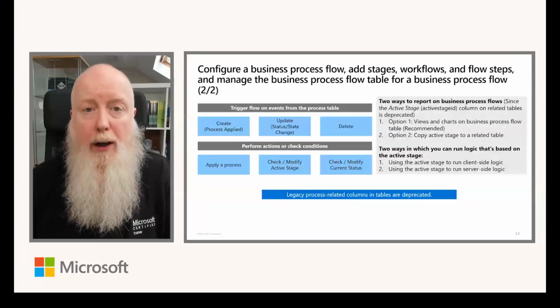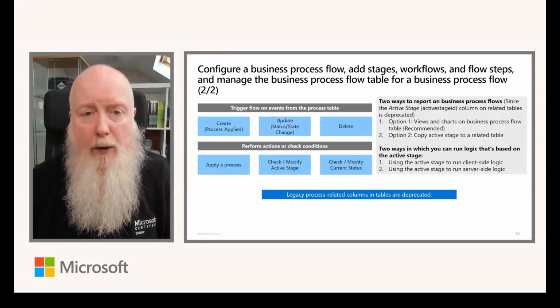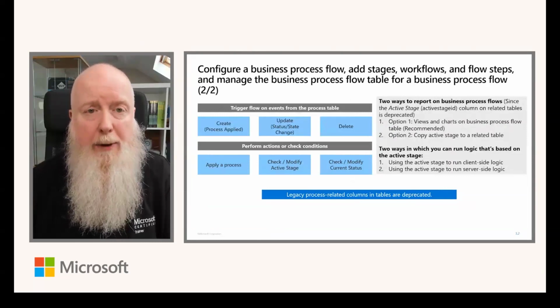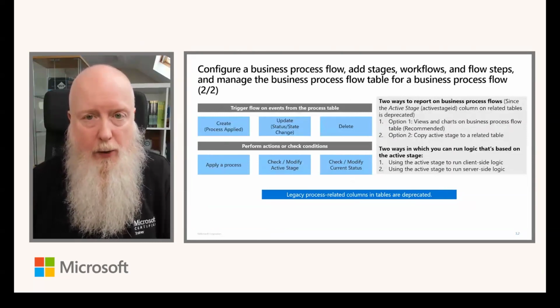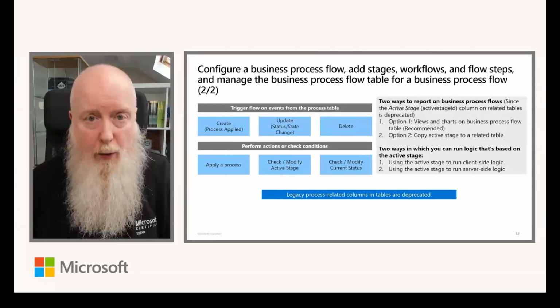We can also run a workflow from our business process flow, either as a flow step, just like we can with a cloud flow. We can also run workflows when you transition from one stage to the next stage. This is quite a complicated thing to do. Change the status or create records, so the exit stage, enter a stage, in the process flow.